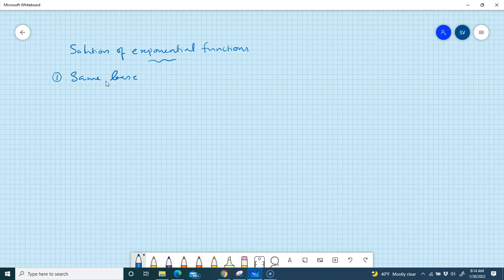I hope you know the very basics of exponential functions. In this case, we are using one property that exponential functions always satisfy. That property is called the one-to-one property.